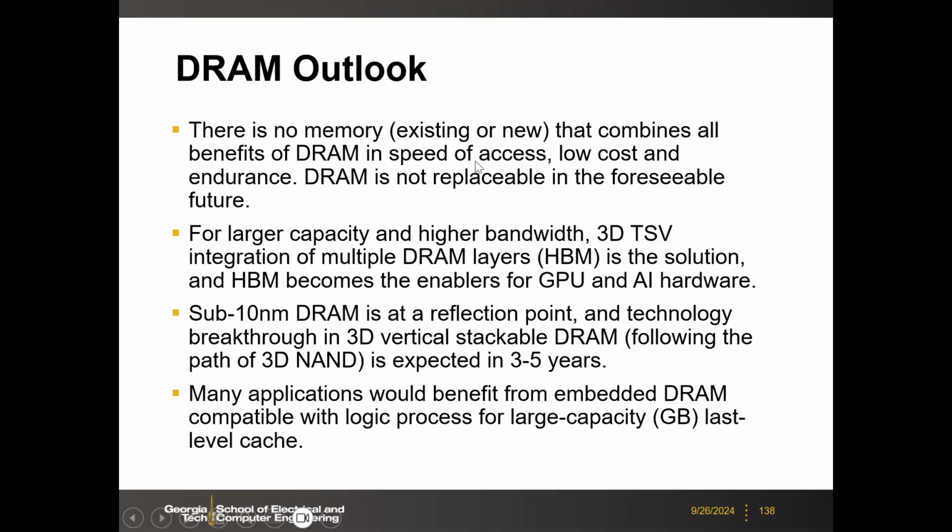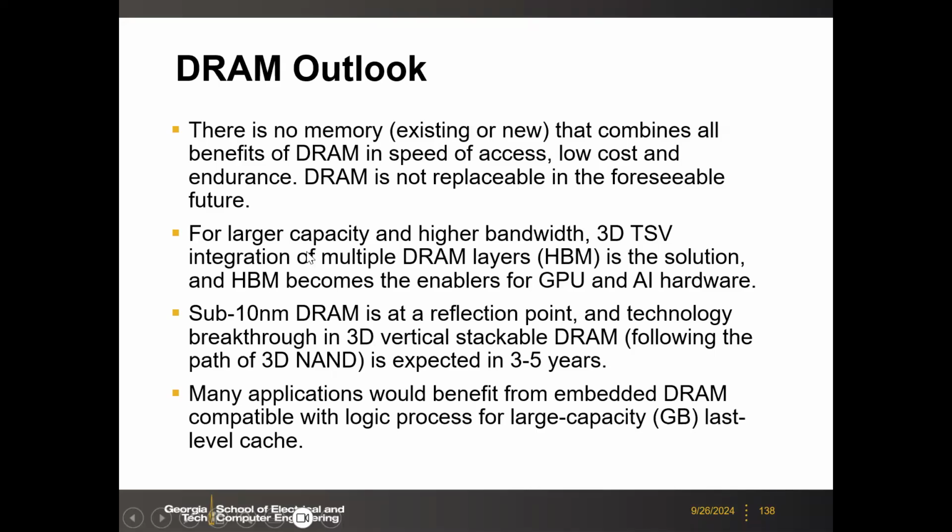The speed is a few nanoseconds to tens of nanoseconds, and the cost, the F square, and also the total capacity. Nowadays DRAM is like 32 gigabits. And endurance, you don't have the endurance problem. You can read or write the DRAM for many cycles. So there's no other technology that can combine those three features together. That's why DRAM is unique and not replaceable.